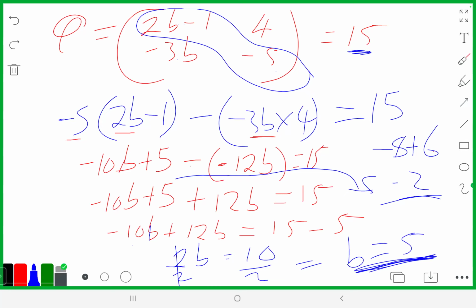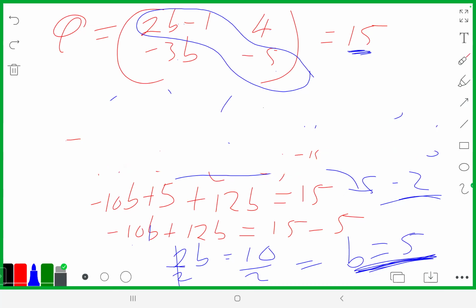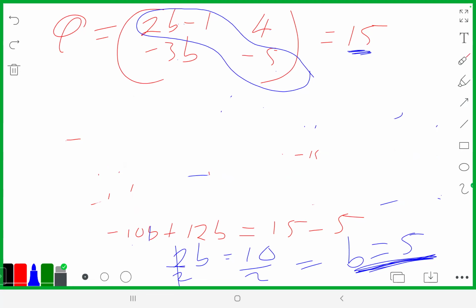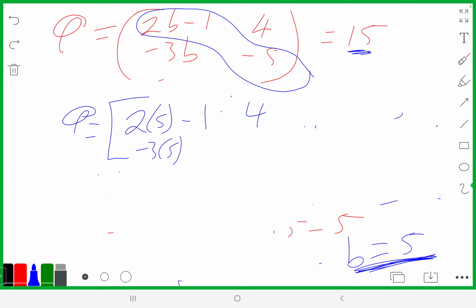Okay. So we have found the determinant or the value of B to be what? To be 5. So what we do now, we have a new matrix, the new Q. What will be our new Q? Where there is B, we'll replace it by putting the value of B, so we have 2 times B, B is 5, minus 1, 4, -3 times 5, 5 negative, like that.